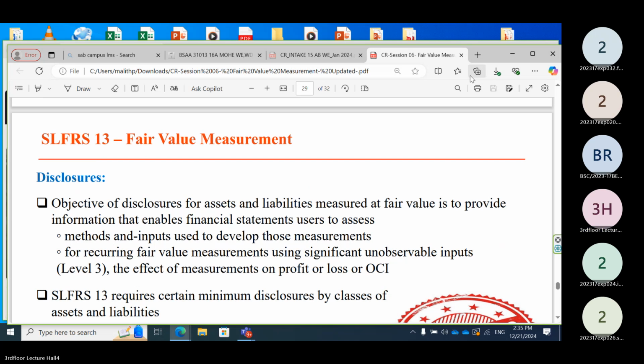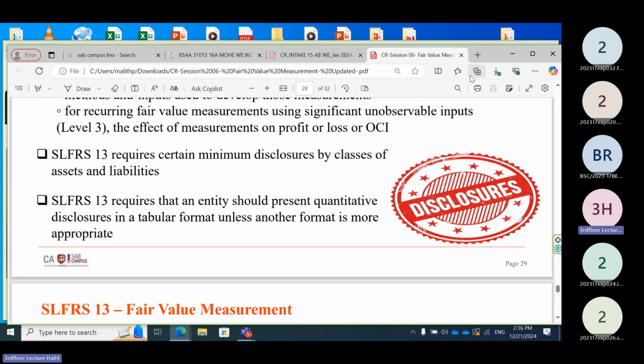Basically, once you are doing fair valuation, the method used to determine the fair value, measurement basis, and unobservable inputs, observable inputs, as well as the OCI or P&L impact, you need to disclose separately. Class of asset and the level of fair valuation.